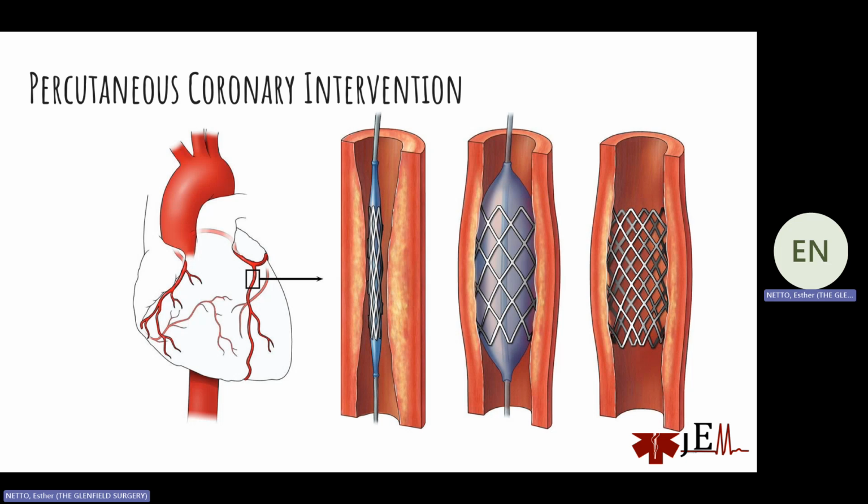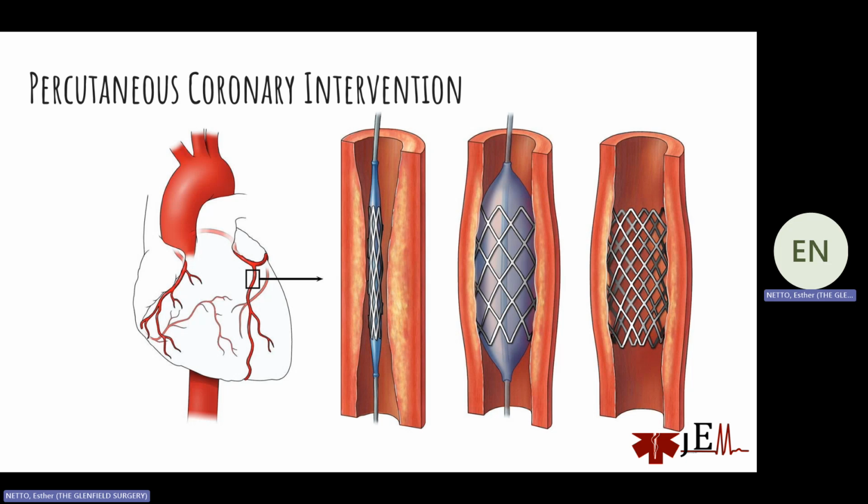Right, so I mentioned PCI. PCI stands for percutaneous coronary intervention, which is essentially stenting. What happens in this process is the doctors will find the artery which is blocked. They'll then feed what they call a catheter, but it's basically a really long wire, through an artery in our body, and feed it all the way through until they get to the heart, and then feed it all the way into that specific artery that's blocked.